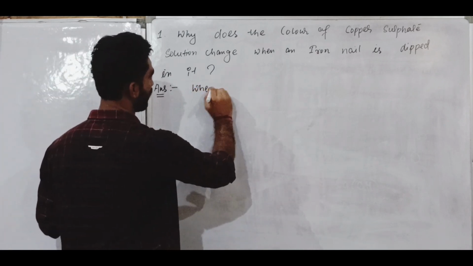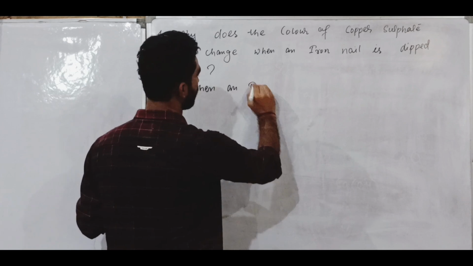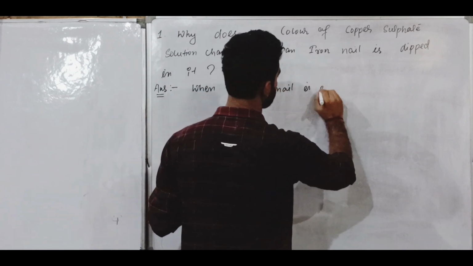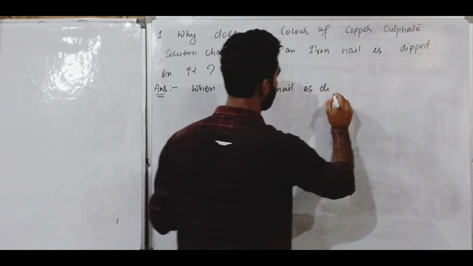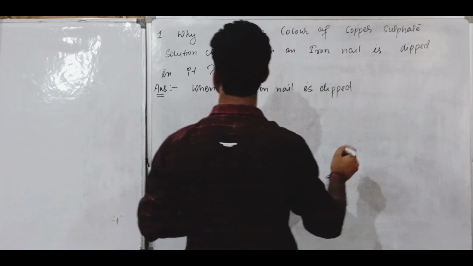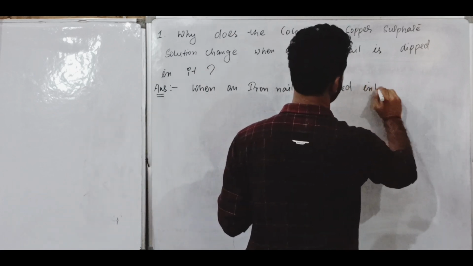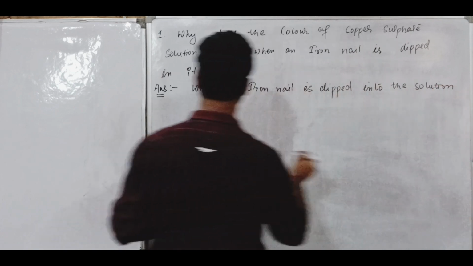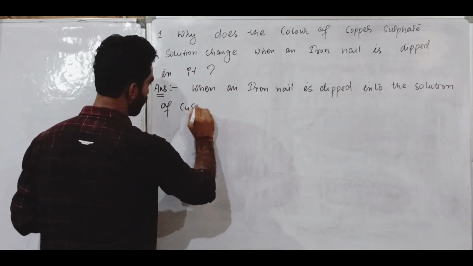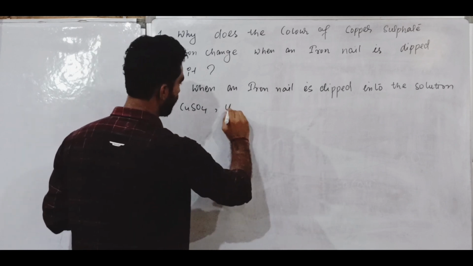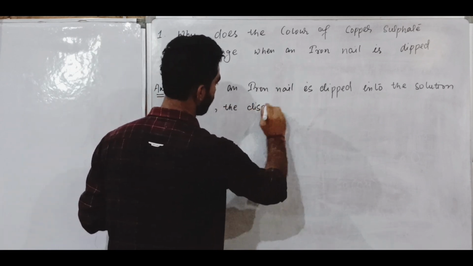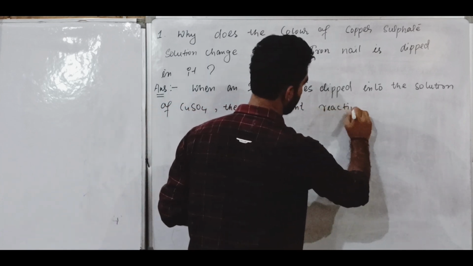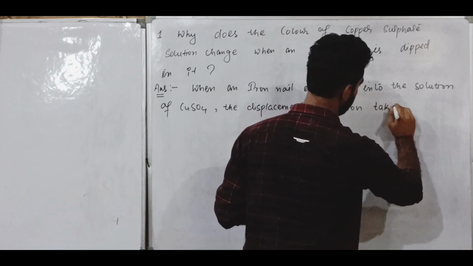So when an iron nail is dipped into the solution of copper sulfate, the displacement reaction takes place.